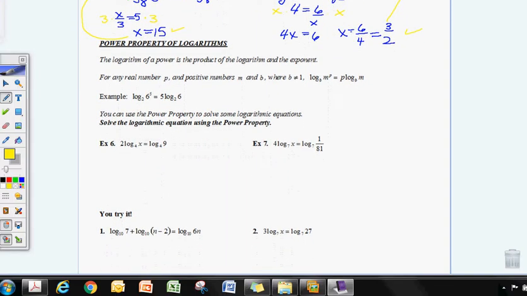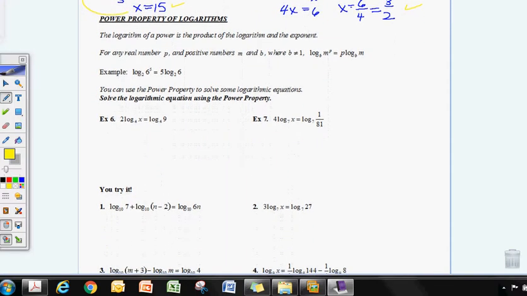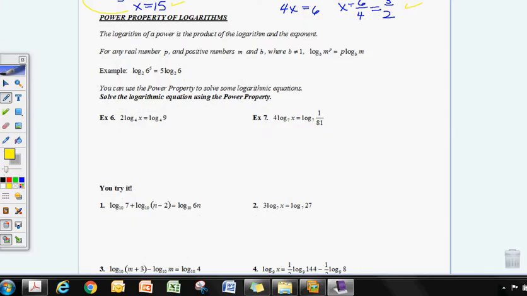But it's been pretty easy so far because we haven't put any numbers in front of the log. So there is another exponent rule, and I'm going to look at the rule itself this time. So I'm going to highlight it in yellow. And notice it says if there's an exponent hooked onto the argument, the exponent can come down here in front.